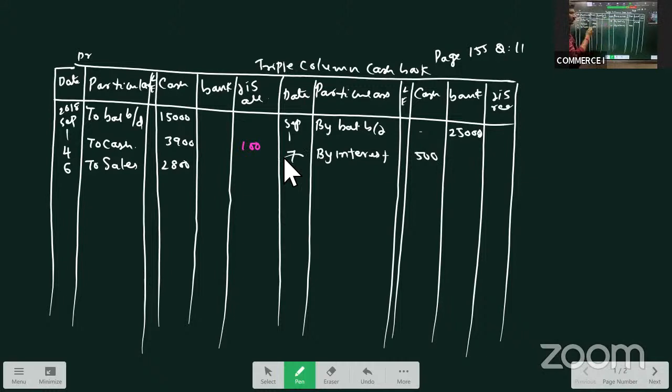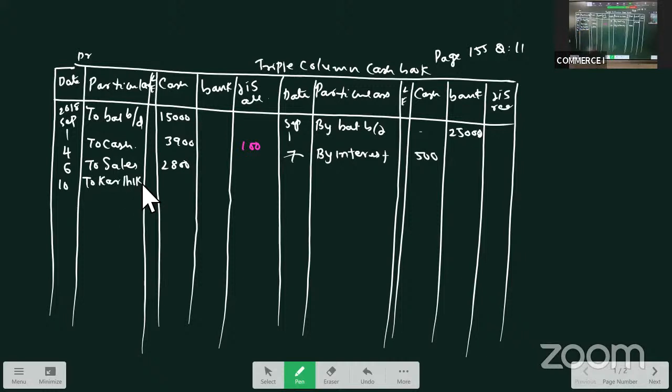Then on 10th, received from Karthik Traders cash, check, and discount allowed. We received some cash, we received a check, and we allowed discount. So on 10th, we should write to Karthik.